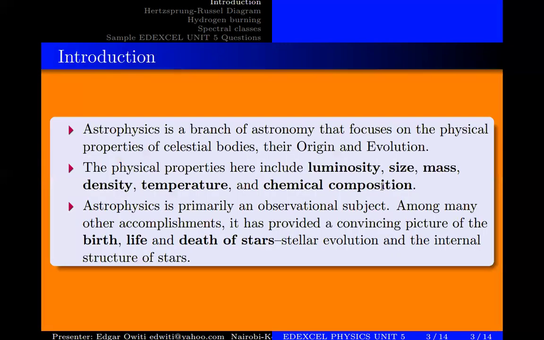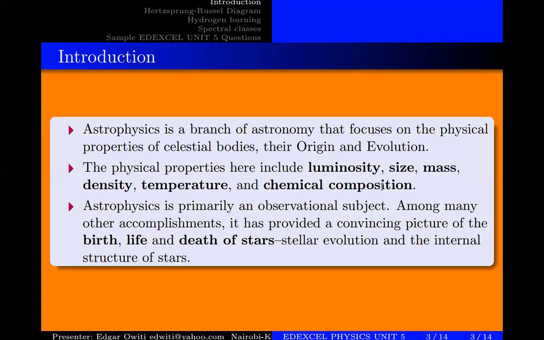So astrophysics is a branch of science, a branch of physics that is concerned with the study of celestial bodies. And the study of celestial bodies includes how bodies are born, or their origin, until they get to their death.